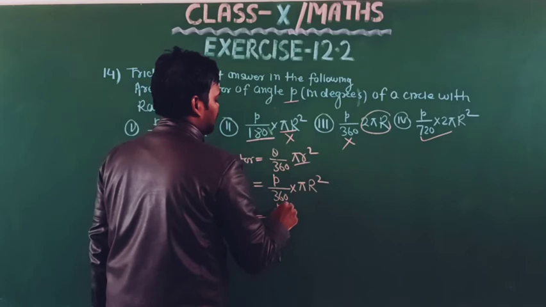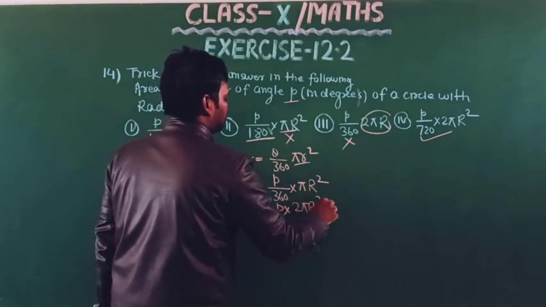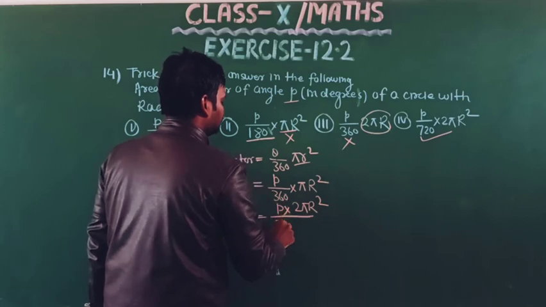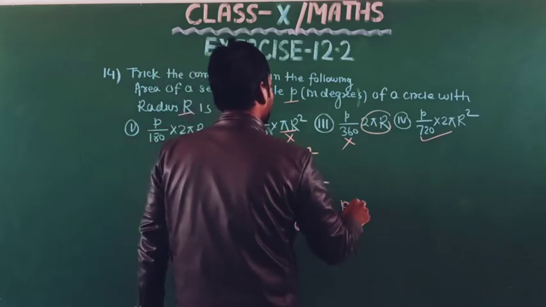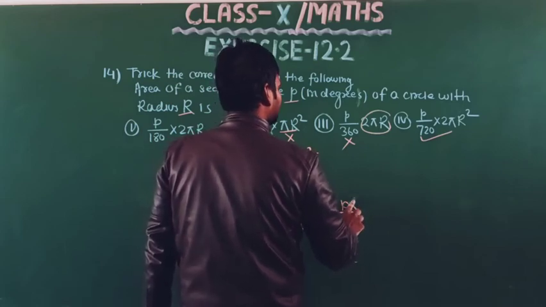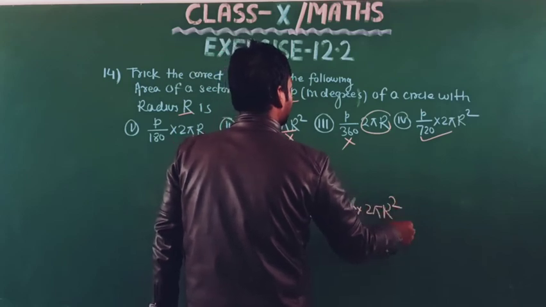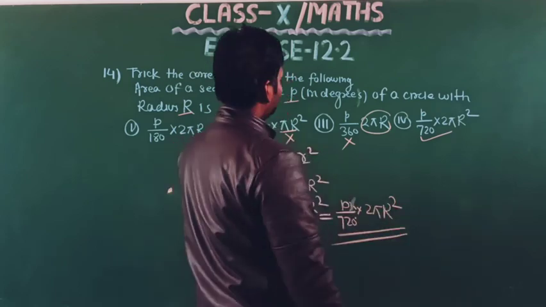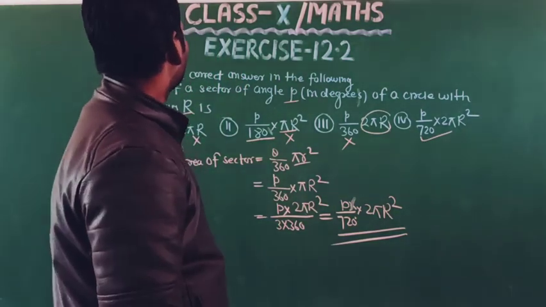So this is P into 2 pi R square over 2 into 360 degree, that is P into 2 pi capital R square over 720 degree. So option 4 is the correct option.